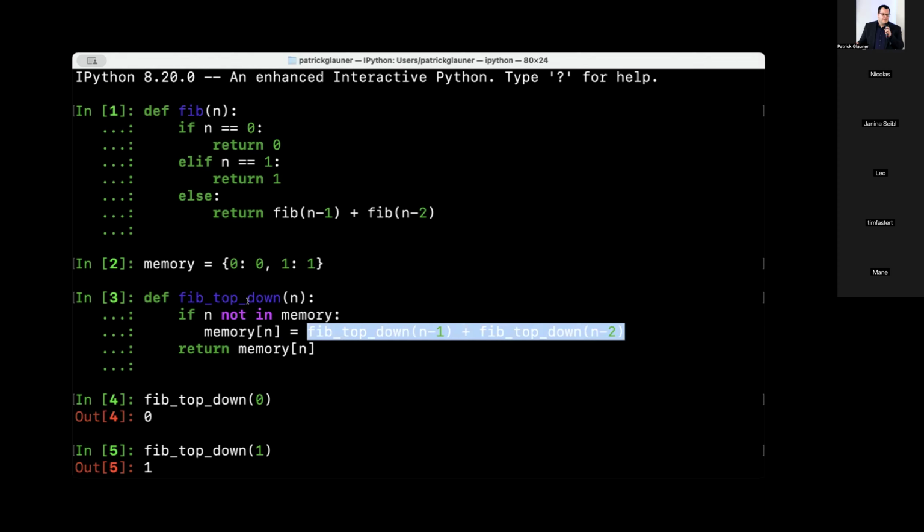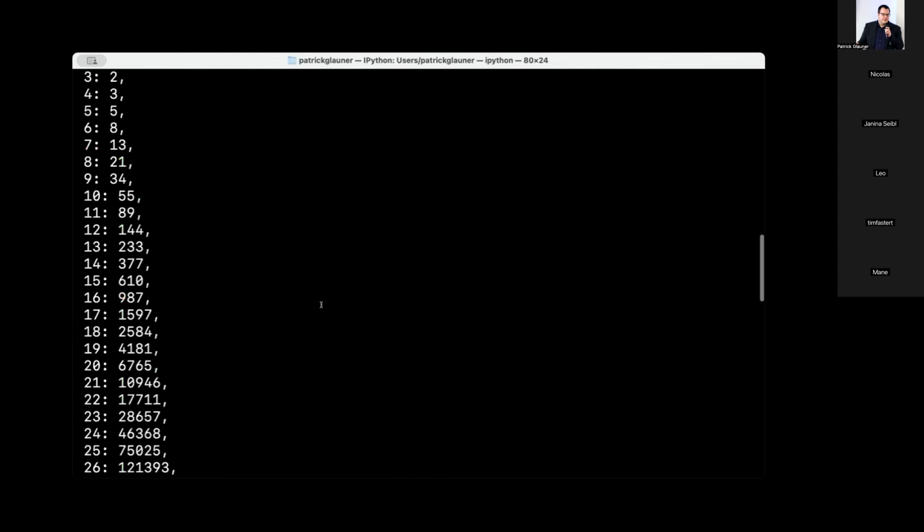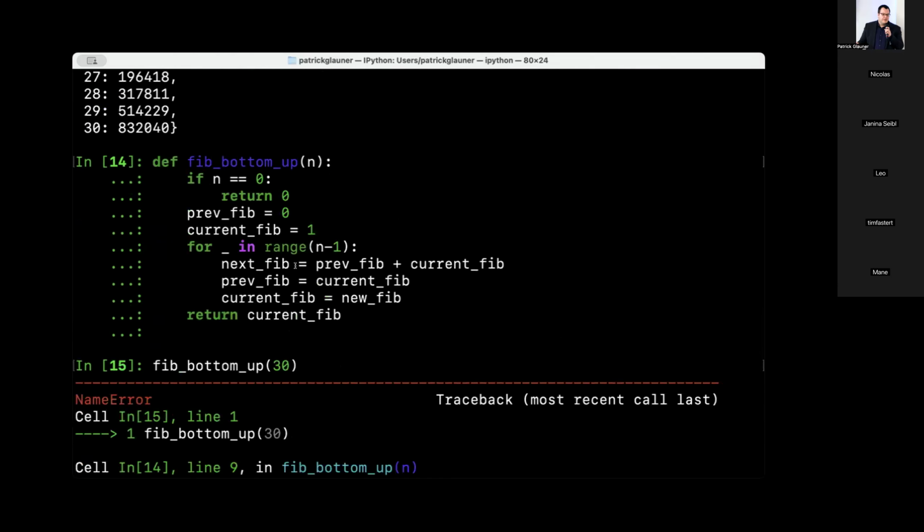So it is slower. We see just some factor, not a different polynomial, but it is slower because I always need to check something, and I need to put something on the stack. And doing these memory reads, it all takes a little bit of time. While here, with the bottom up, I don't have that problem. So the bottom up is much faster.